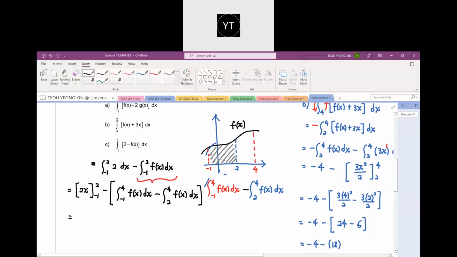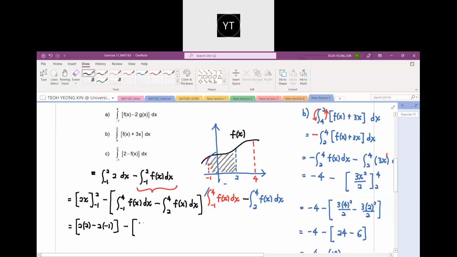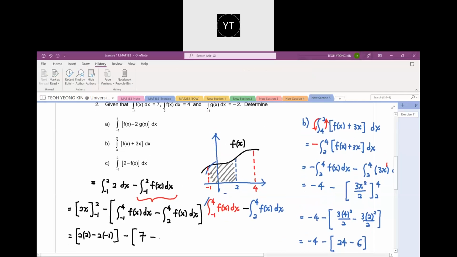So finally, I can substitute the values: 2 times 2 minus 2 times negative 1. This is the first part. Minus, from here, the integration from negative 1 to 4 of f(x) dx is 7, minus the integration from 2 to 4 of f(x), which is 4.